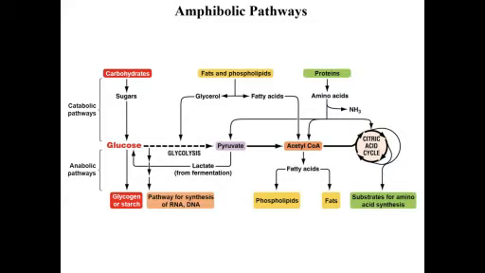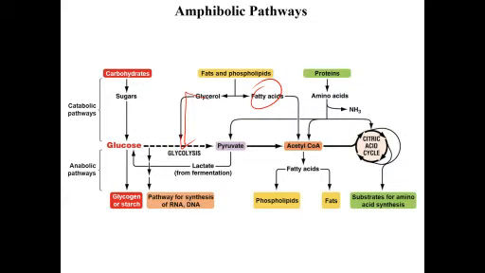Your fatty acids, remember they're made up of glycerol and fatty acids. So are your phospholipids. They have a phosphate group, a glycerol molecule, and fatty acids. Your glycerol can enter glycolysis, and it can be used to make pyruvate.